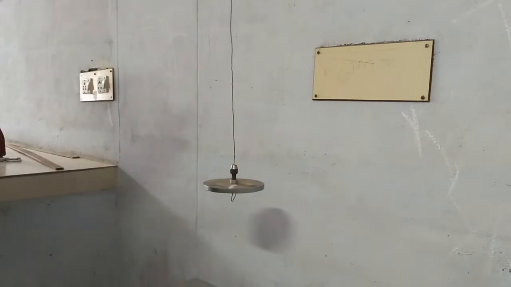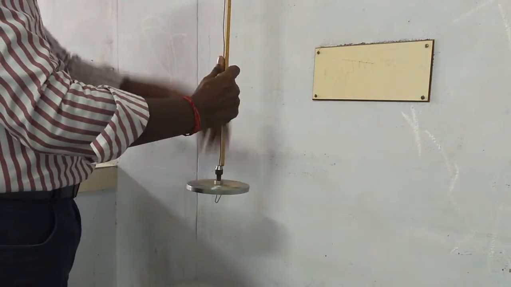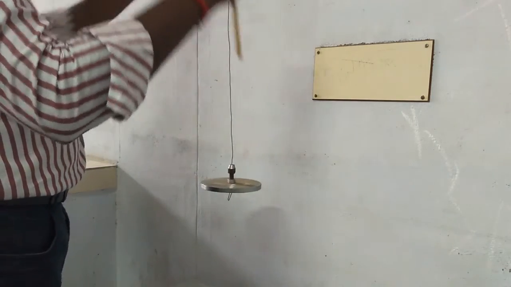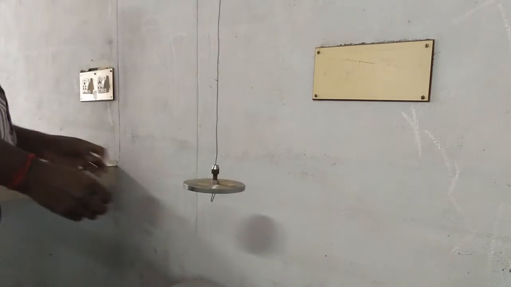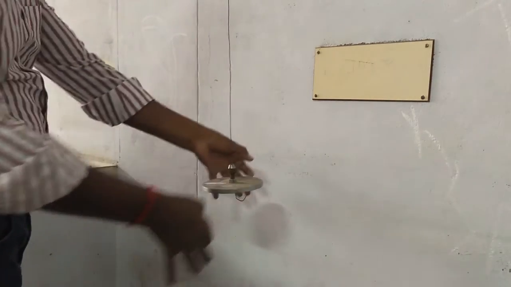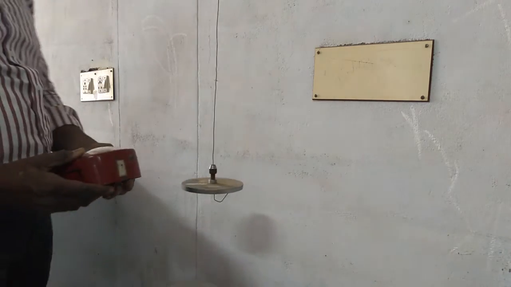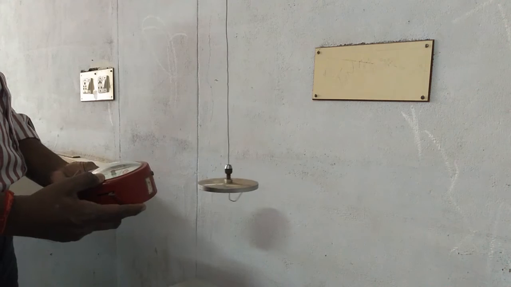Now measure the length of the wire, from one edge to the other edge. For example, this setup's length is 70 centimeters. Here, we note the time period for 10 oscillations of the disc.